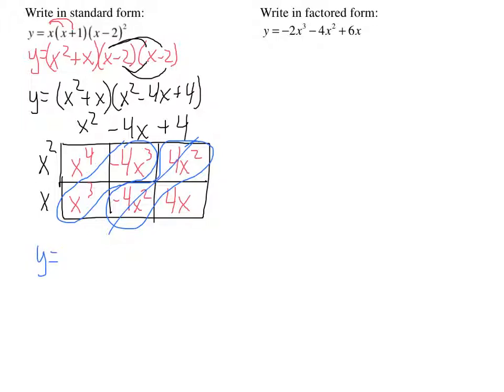Because we start with the highest power. We got x to the 4th. And when I combine my cubes, x cubes, what's a 1 and a negative 4? That's negative 3x cubed. X squareds are gone, so that term disappeared. But I still got the 4x at the end, positive 4x.